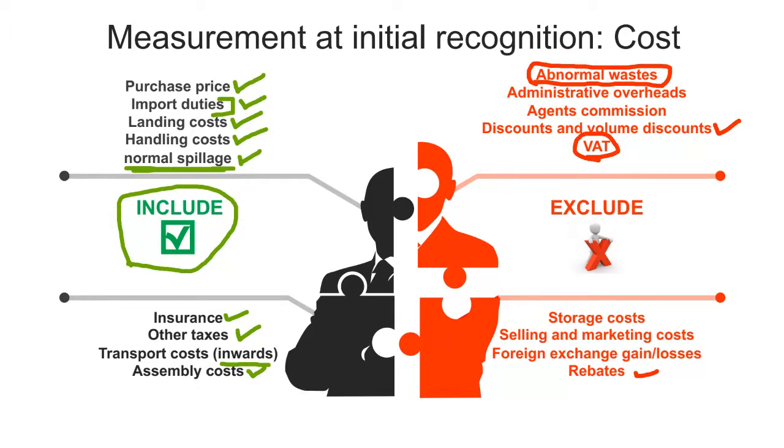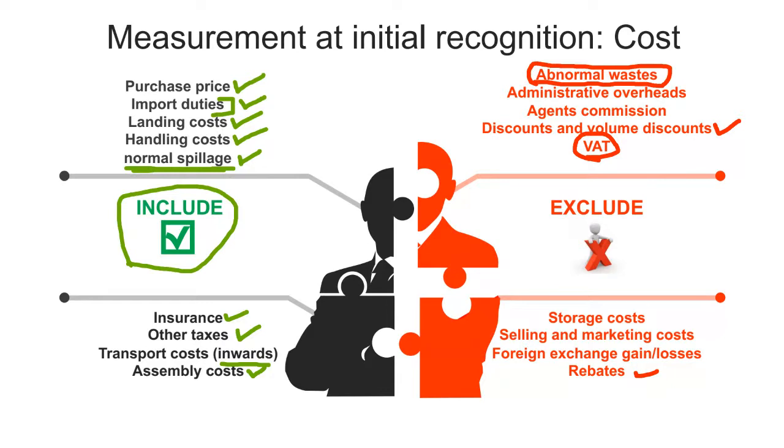The money never left our bank account, right? We're going to talk about a situation with a settlement discount just now where there's a bit of uncertainty, and we're going to talk about that in detail. Then when it comes to discounts that we issue to our customer, we won't include it because it's not a cost that we incurred to bring the goods to a sellable state. So that's why we don't include it.